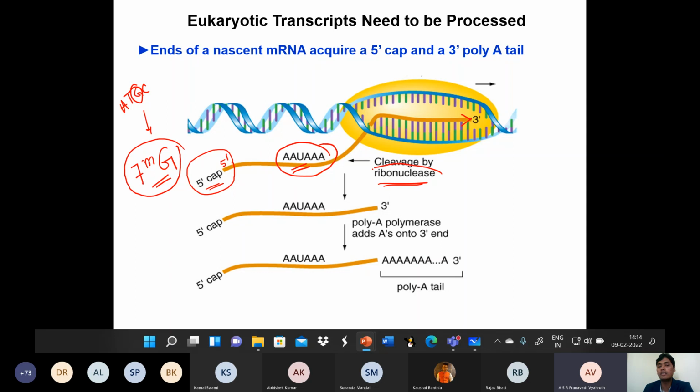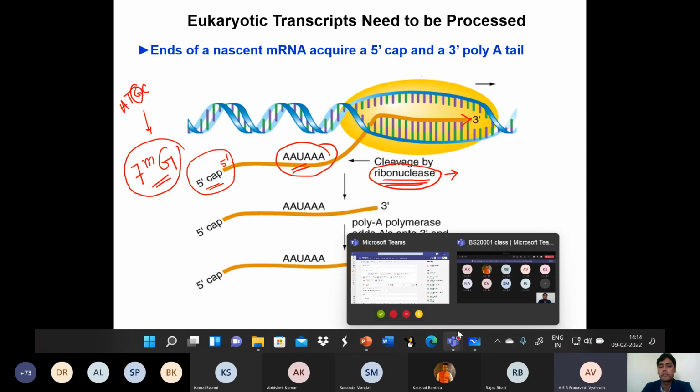So tell me, what will be the function of ribonuclease? Last time I discussed how, in biological nomenclature, we denote different types of enzymes. So what is the function of ribonuclease? What do you think? Any one of you?